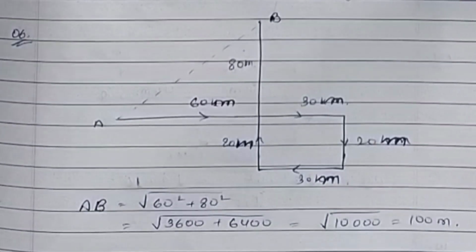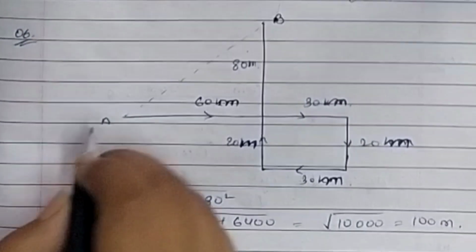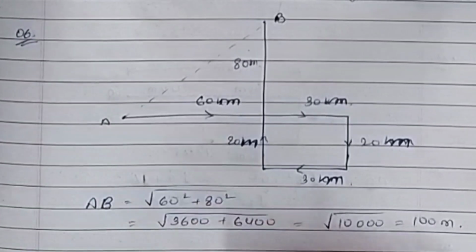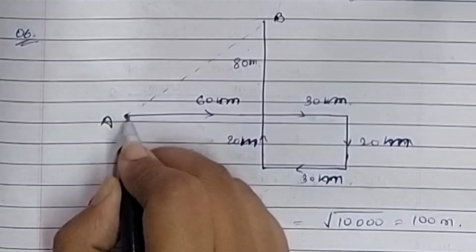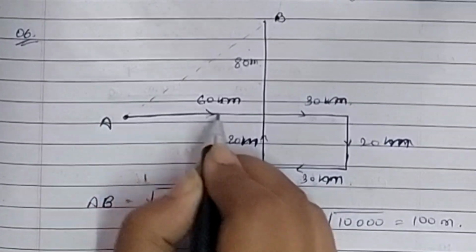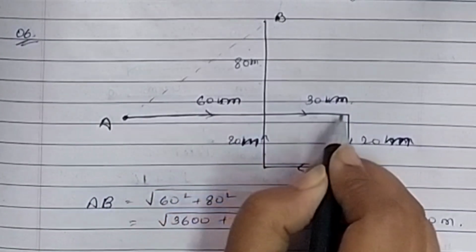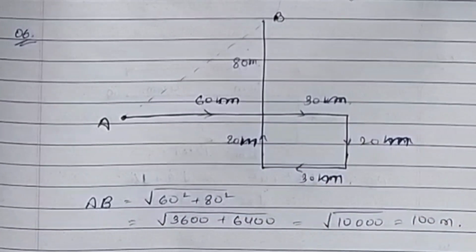Question number 6 is basically saying that a child is looking for his father. He went 90 meters in the east before turning to his right. So firstly, this will be the starting point. From here, he covered 90 meters in the eastward direction.